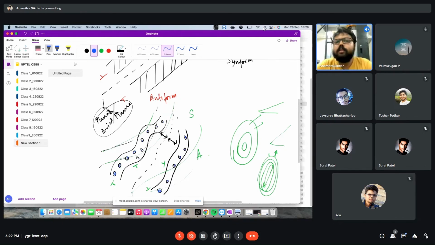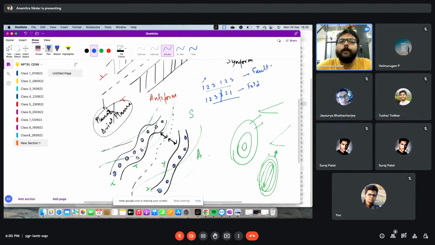In the fault the pattern will be somewhat like this: 1 2 3, then again 1 2 3, like that. This number represents one particular bed. If you are getting this pattern, that will not be a fold. In the fold you will get a pattern like this: 1 2 3 3 2 1, or maybe 1 2 3 2 1, like that. So this will be representing a fold, and this will be representing a fault.